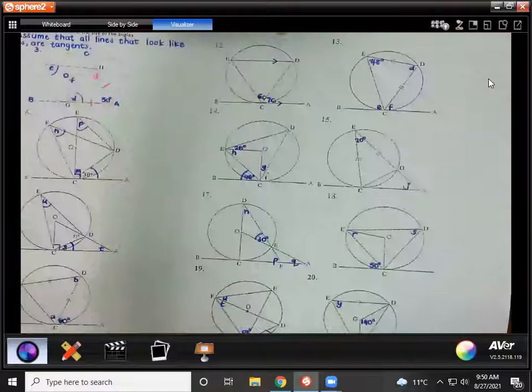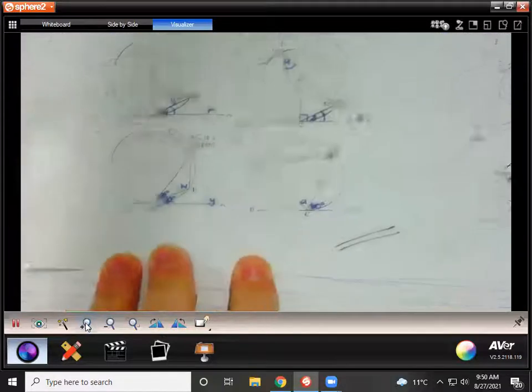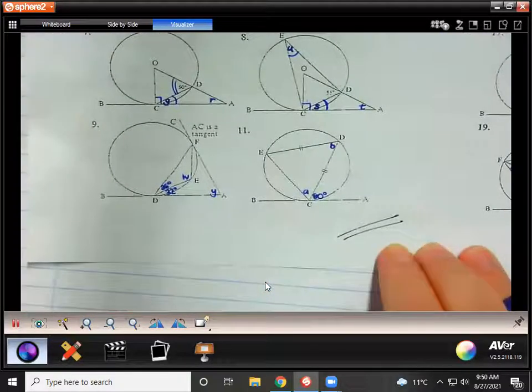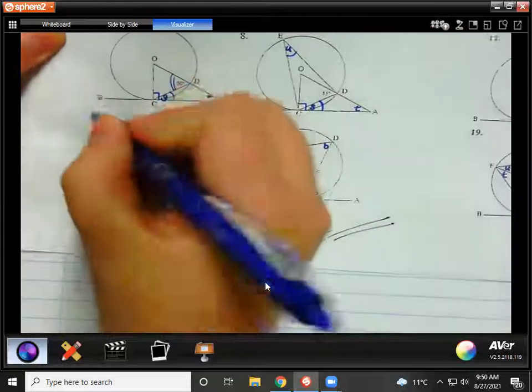Okay, you're going to do 9 and 11 of this worksheet if you haven't done it already. And then I'm adding questions from the textbook. Okay, so you're doing these two.